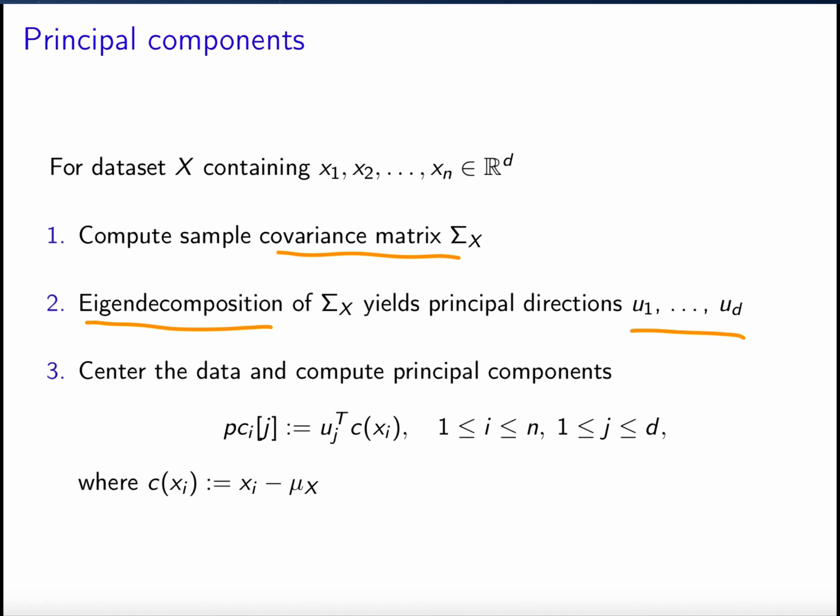We just saw that in the case of a random vector, we take the eigendecomposition of the covariance matrix that gives us the directions of maximum variance, and also of minimum variance if you consider the eigenvector corresponding to the smallest eigenvalue, of course. And then we can center the data and compute the principal components. Okay, for example, in the Canada data, we could compute the principal components that would give us these inner products with the direction where the locations change the most.